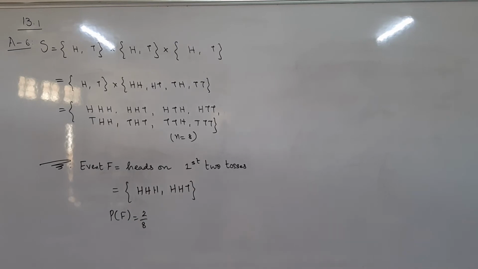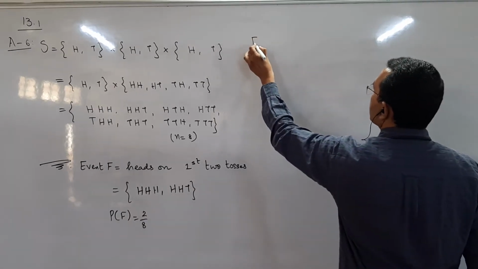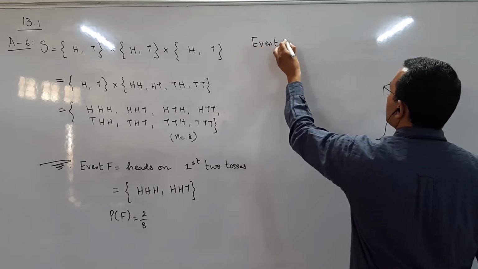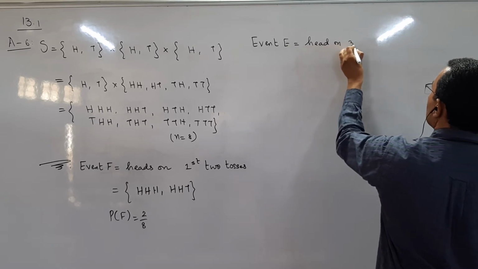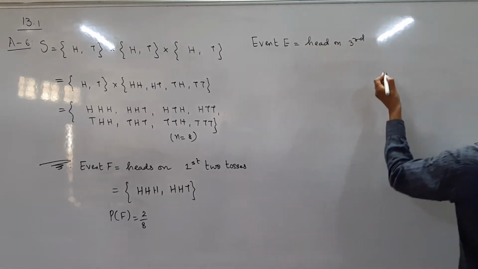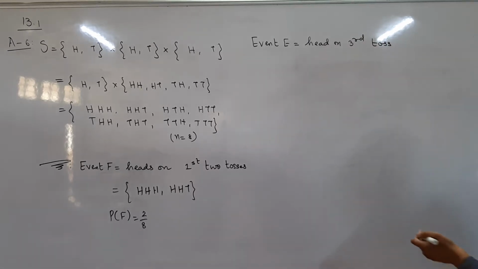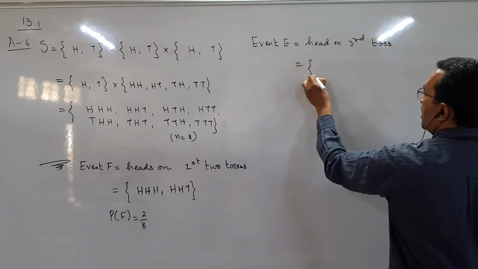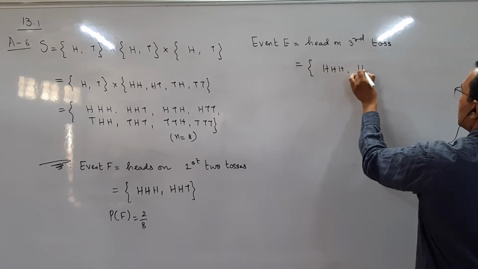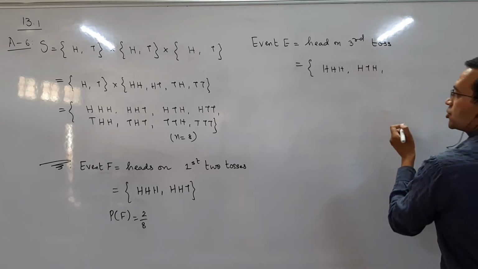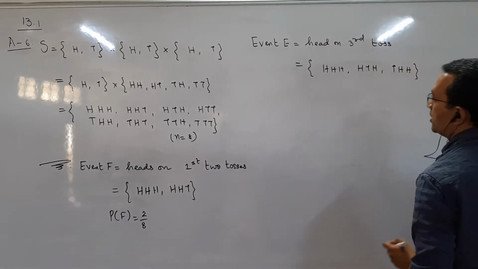Now event E, head on the third toss. This is the second event. Event E is equal to head on third toss, and correspondingly the outcomes are HHH, HTH and THH.